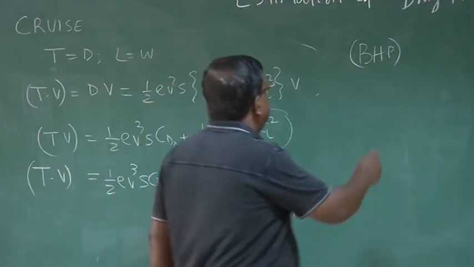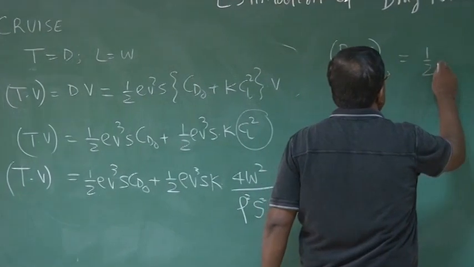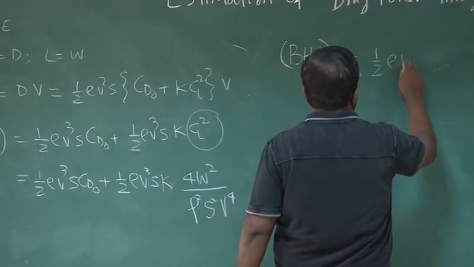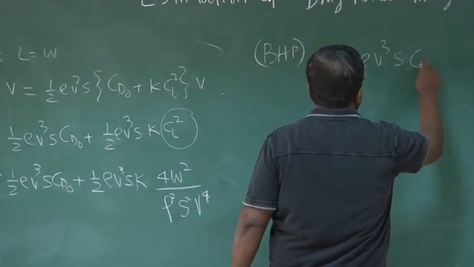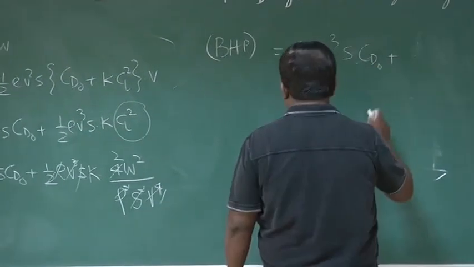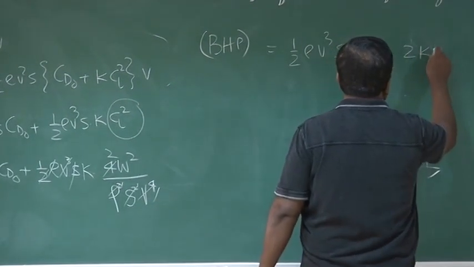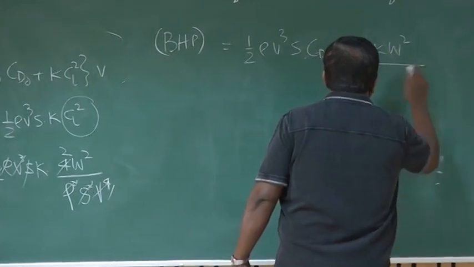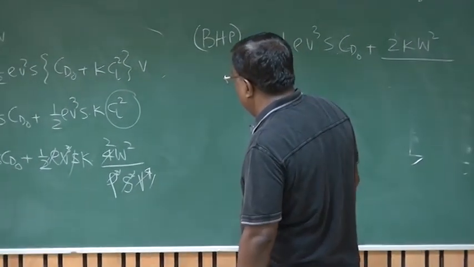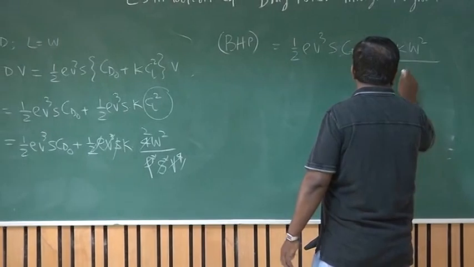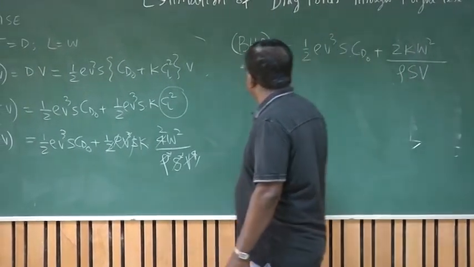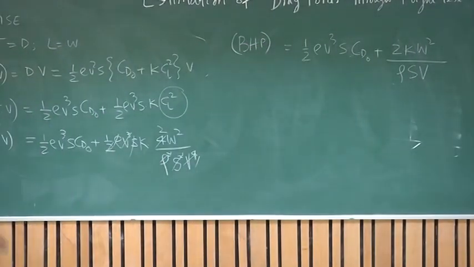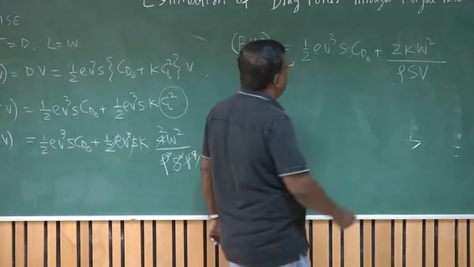This is equal to half rho V cube S CD naught plus 2 K W square divided by rho S V. Okay? Now what? What is our aim? Let us not forget.